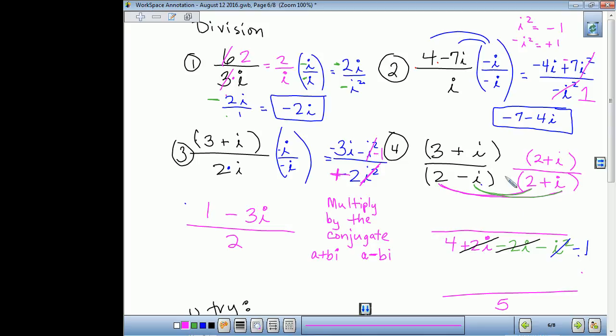And so every time we multiply a complex number by its conjugate, we're going to end up with just a real number. The imaginary part gets canceled out. Now, the numerator doesn't work that way. So we're going to get 6 plus 3i. And then we're going to get 2i plus i squared.